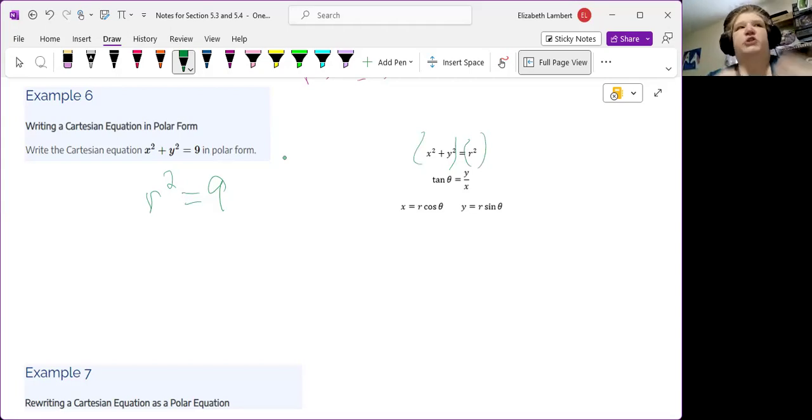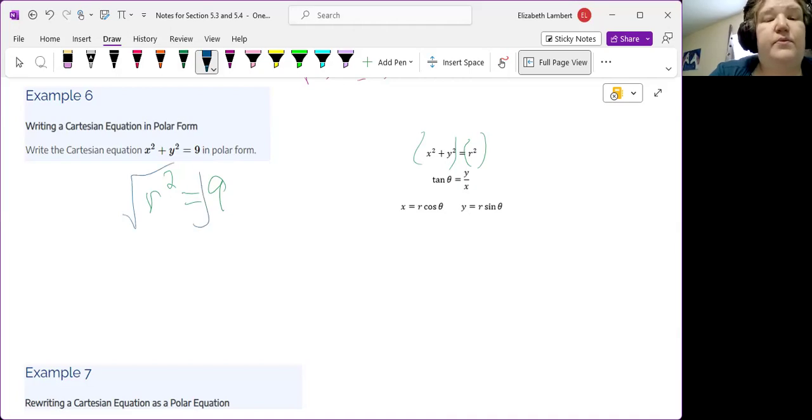Now, similar to when we were always getting y by itself to write functions, same idea here. We prefer to have r by itself. So instead of r squared equals 9, I can apply a square root to both sides, and I actually get two equations technically.